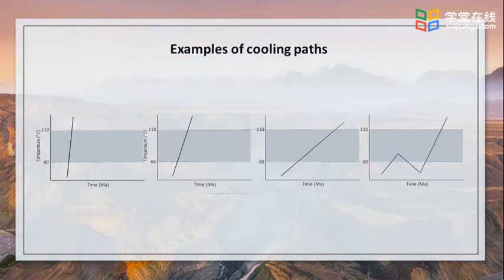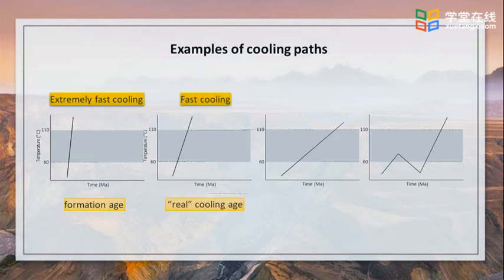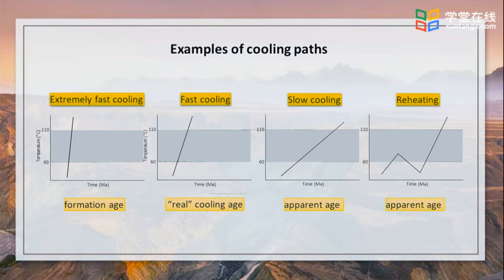Here shows examples of characteristic cooling paths. In the case of extremely fast cooling, the resultant fission track age represents formation age. When the cooling is a relatively fast cooling, it is considered that the fission track age is real cooling age. And when the cooling is relatively slow, we consider the fission track age as apparent age.